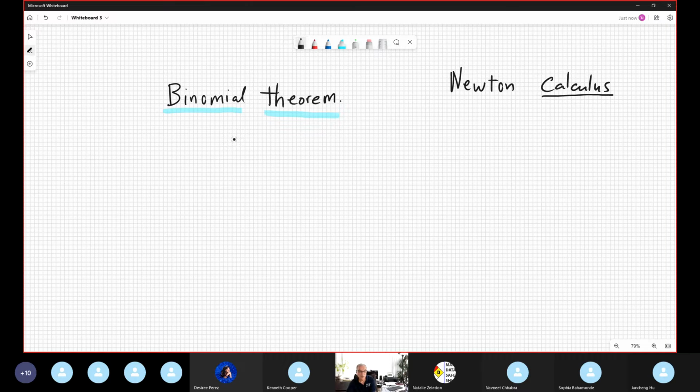But Newton discovered this formula when he was 18 years old. And what is this about? Suppose that we have a plus b to the m power. What is the general formula for this? Newton discovered it when he was 18 years old.